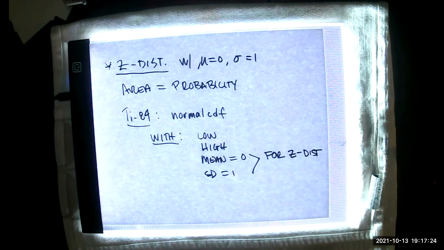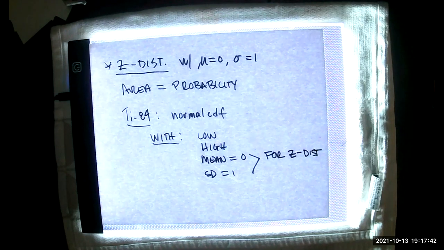That's going to change. It's not always going to be 0 and 1. We can put any values we want in there for a mean and a standard deviation. If we were talking about IQ, for example, it would be 100 for the mean and 15 for the standard deviation.